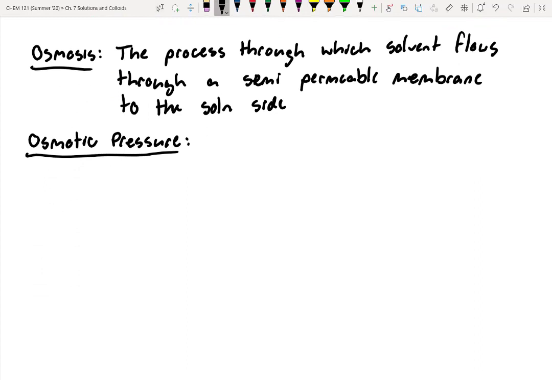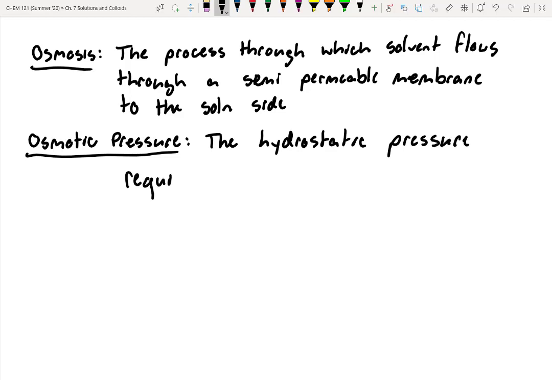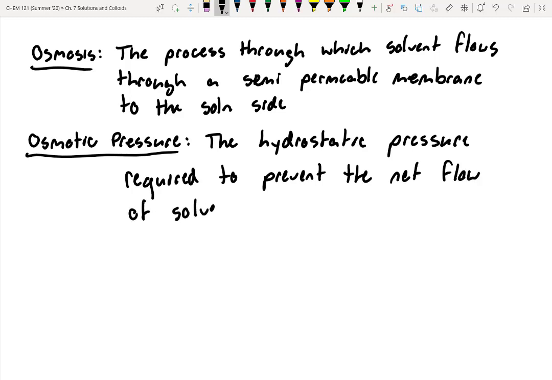All right, so let's define this a little bit more carefully. This is the hydrostatic pressure required to prevent that flow of solvent through a semi-permeable membrane.